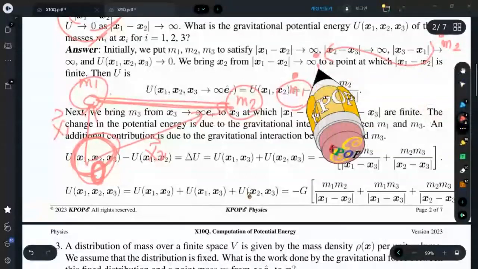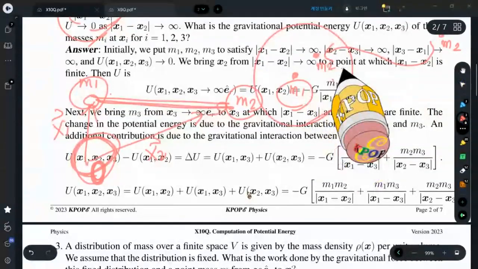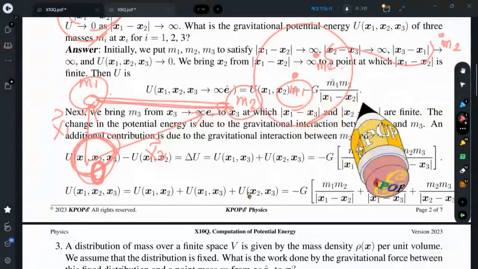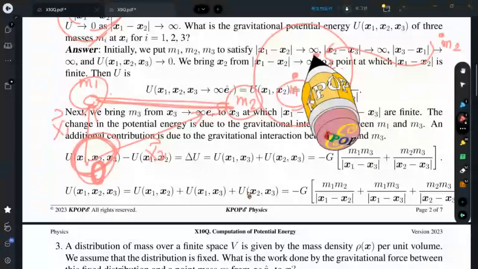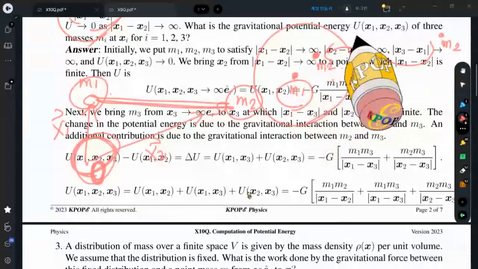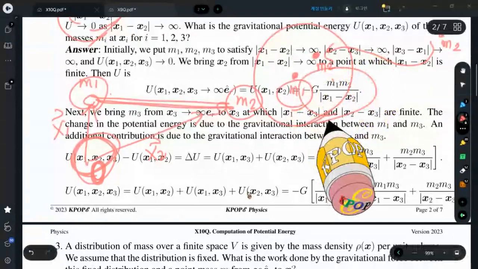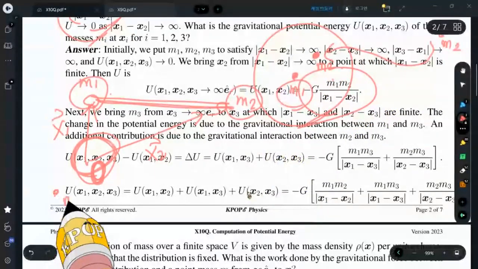Okay, so the amount of work I require is positive. And I just put a negative sign on it to find the potential energy of this two-body system. And that is this. We know this very well. And let's bring another mass from another infinity to here.